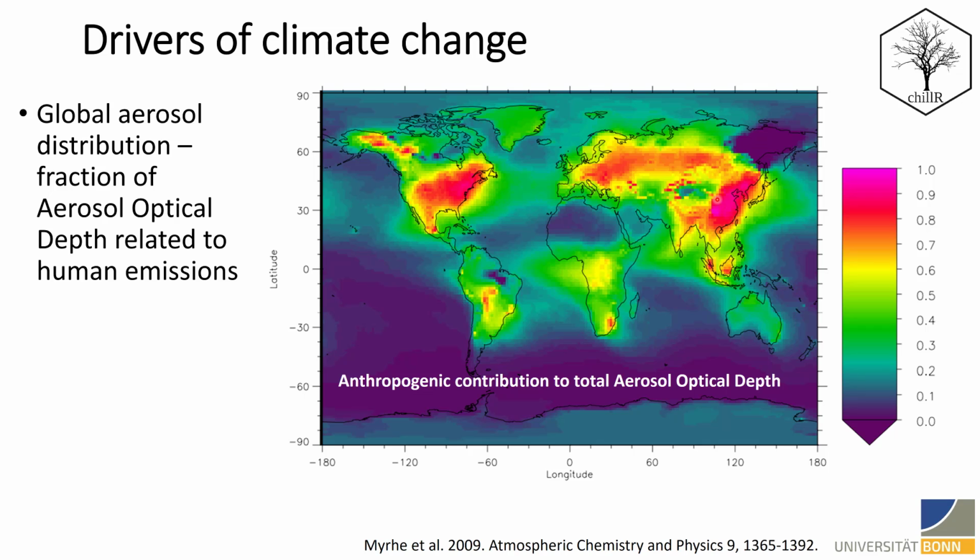China is particularly obvious here, but we also have the eastern United States as a large red area, and Eastern Europe all the way through Russia also has pretty high aerosol concentrations, and locally there are some other bright spots, some of which are not really quite visible at this resolution.